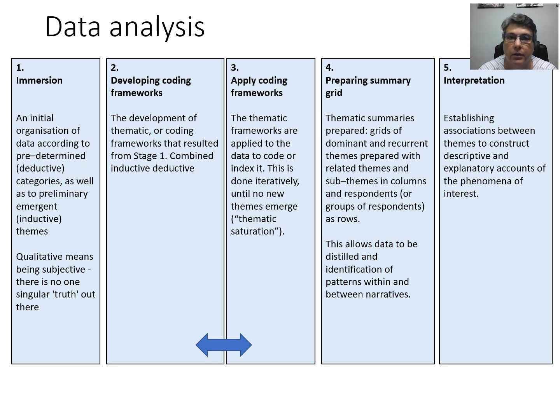And lastly, the final step is interpretation, where the established associations between themes are used to construct descriptive and explanatory accounts of the phenomena of interest. So following these 5 steps in a sequence over a period of time, we are able to conclude with a final descriptive and explanatory account.